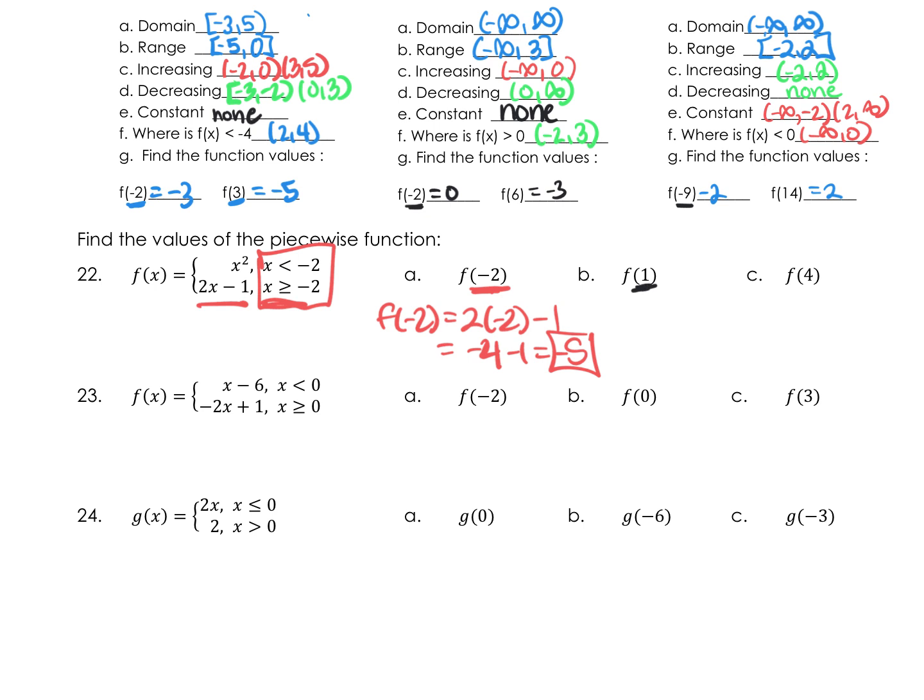When x is 1, that is greater than -2, so we'll still use the bottom function because that's when x is greater than -2. So we'll plug it into 2x minus 1 as well. Plug it in for x, and you get 2 minus 1, which is 1.